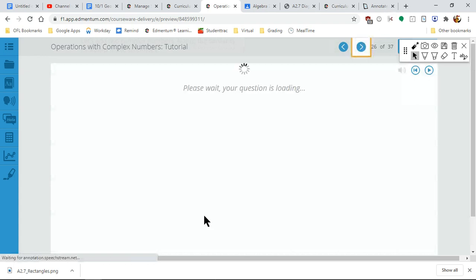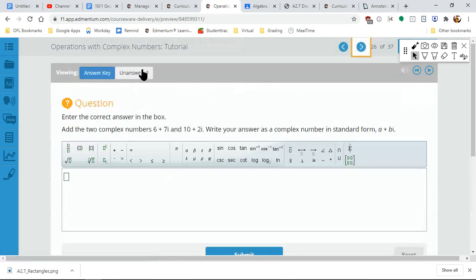More importantly, when we get to the multiplication, that one makes a little more sense. If we were to add this one, we're going to add the 6 and the 10 together. And they want it in complex form, the standard form for complex numbers.